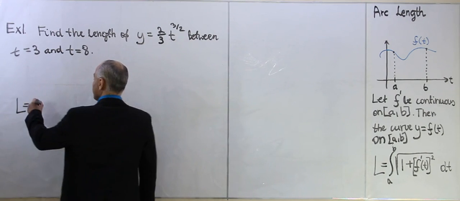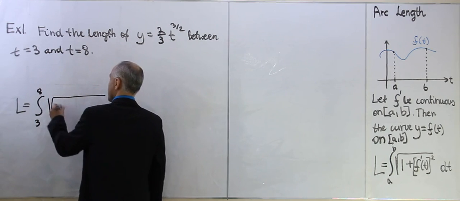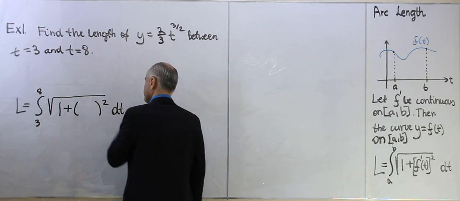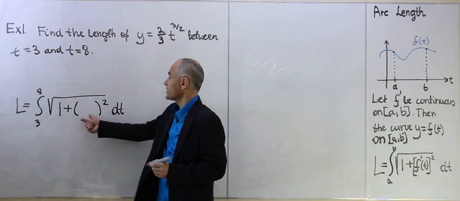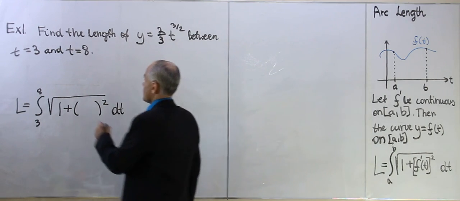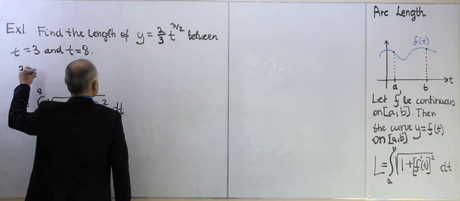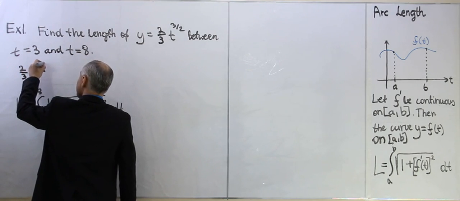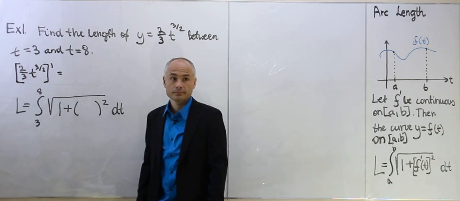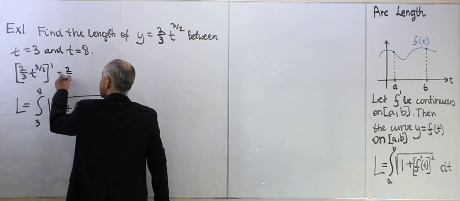Okay, let's do it together. So we get the integral from 3 to 8 of the square root of 1 plus the derivative squared dt. So I need to calculate the derivative of this function. We have 2/3 times t to the power 3/2, and then we need to take the derivative of this expression. 2/3 is a constant, so I can take it outside.